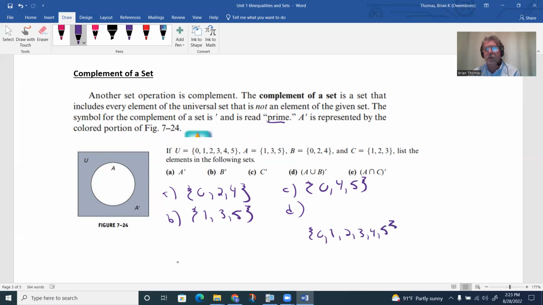The complement would be what's in U that we haven't written down already. So if we wrote down 0, 1, 2, 3, 4, 5, well, U is 0, 1, 2, 3, 4, 5. So the complement would actually be an empty set because A union B would be everything.